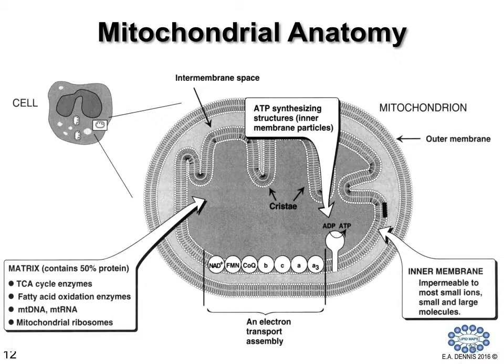The NAD and FMN is delivered to the electron transport complexes from the TCA cycle enzymes in the matrix. There is also an outer mitochondrial membrane, and the space in between the inner and outer is referred to as the intermembrane space. There's one more complex, and that is the ATP synthase, which is located in the inner mitochondrial membrane, and we shall discuss that in Part B of this lecture.